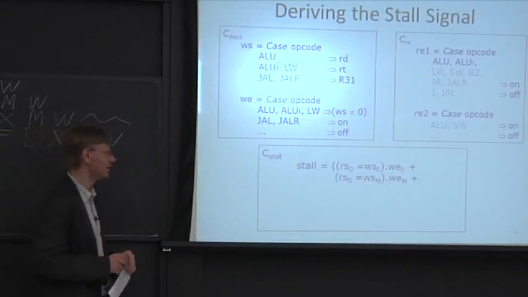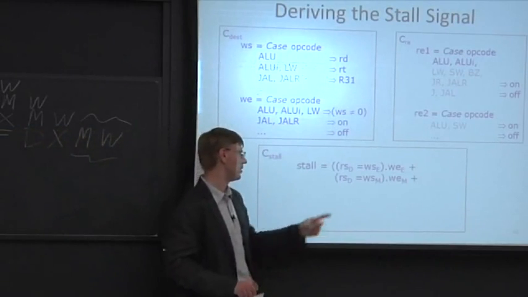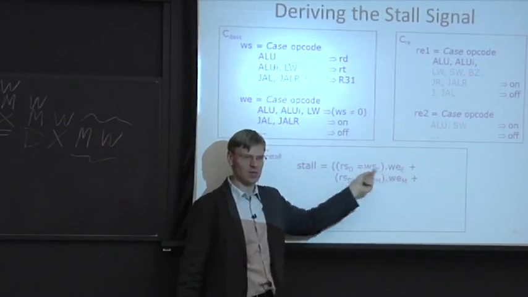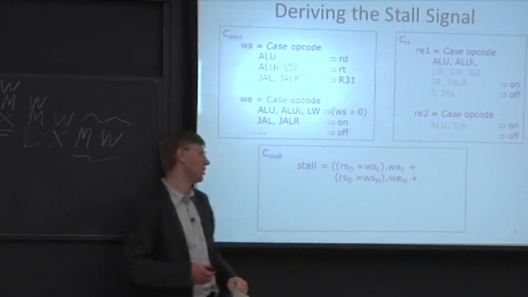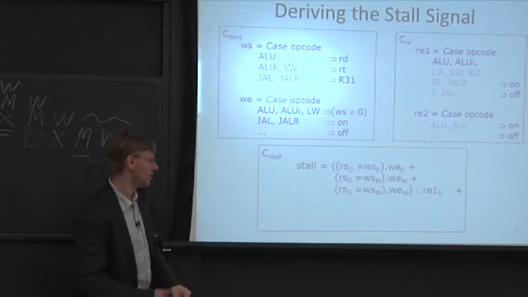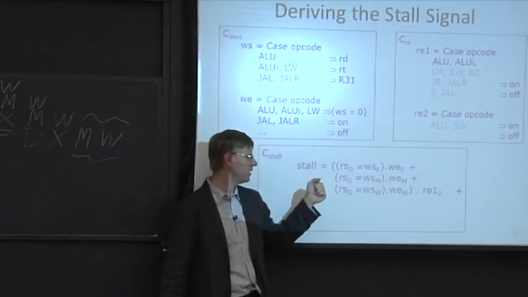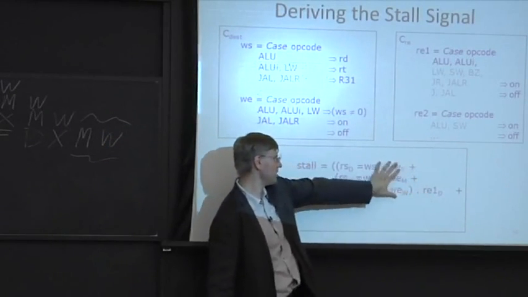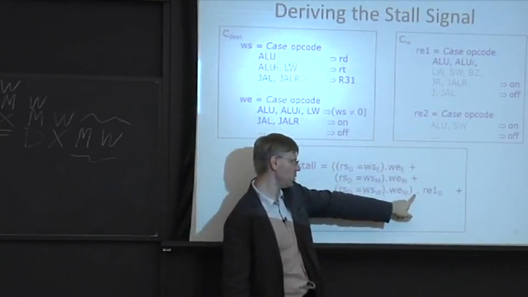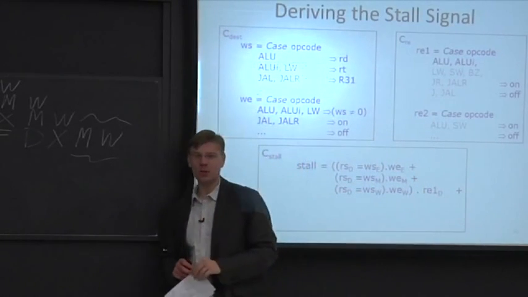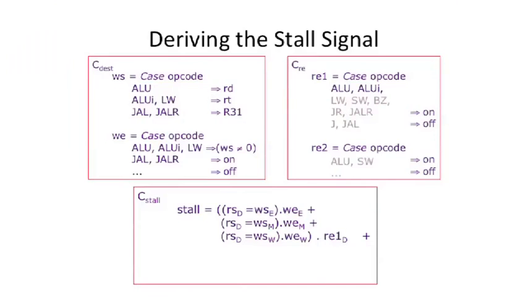Or we need to check with the memory stage. So it's the same calculation here with the memory stage, and the same calculation here for the write back stage. And then we take this whole expression and we AND it with whether we actually have a read enable for the first source operand. Because if we don't read the first source operand, there's no reason to stall for it.